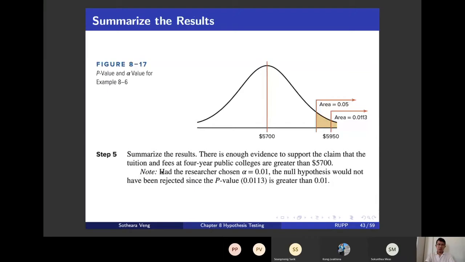As we note here, if the researcher chose alpha to be 0.01, the null hypothesis would not be rejected, since the p-value is greater than the significance level. So it depends on how you choose the significance level. Sometimes with a certain significance level, you end up rejecting the null hypothesis, but once you decrease the significance level, you may end up not rejecting the null hypothesis.